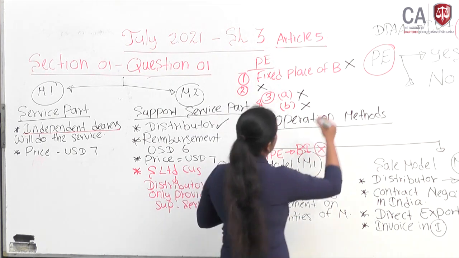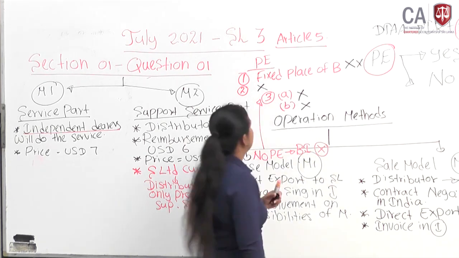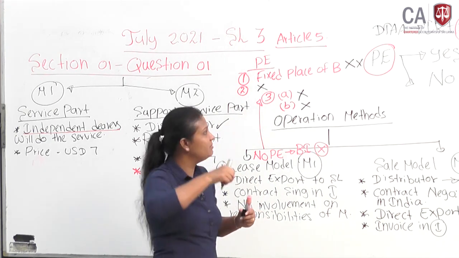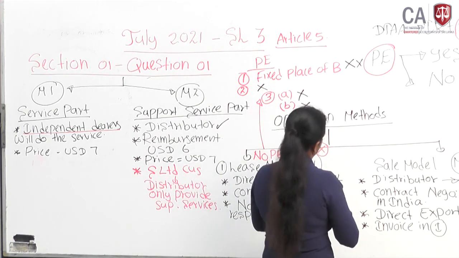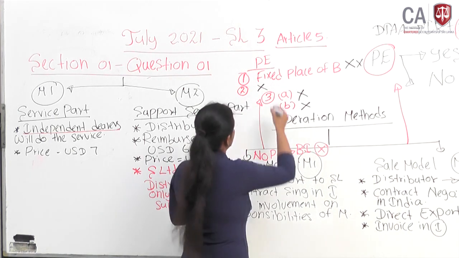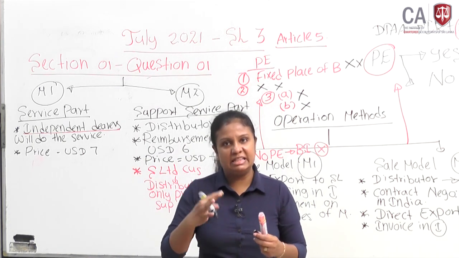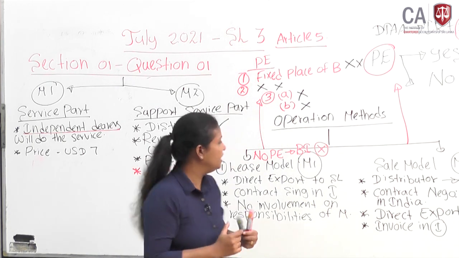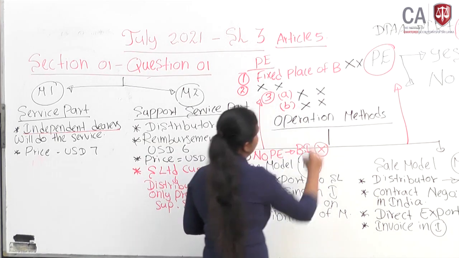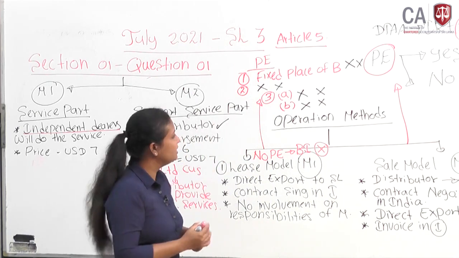No. In the black I will take this, a fixed sale model, no fixed PE. Second one, the branch office or management, for this one, no. Second one also no. Third one, which is about the construction site or anything, nothing in here. 3A and 3B, the service provision, not applicable.